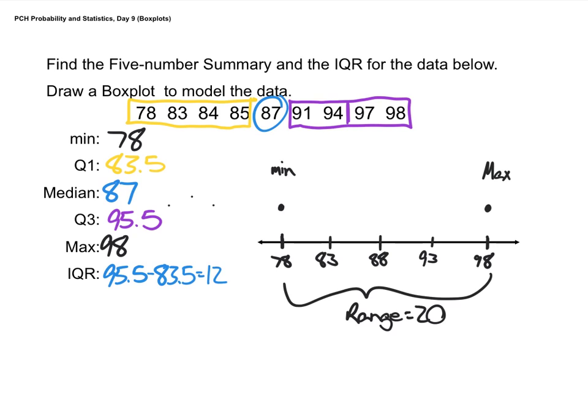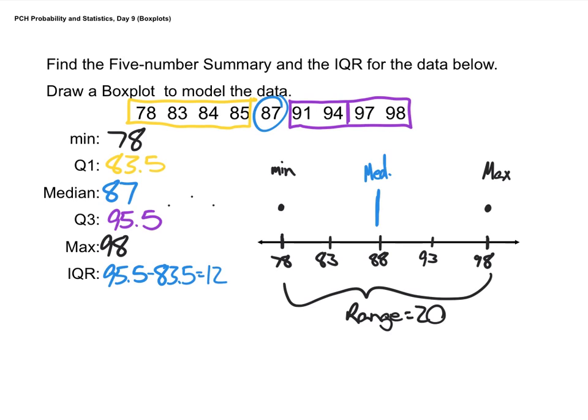So let's think about our different values. My median is 87, so that's going to be about right here. So there's my median. Q3 is 95.5.